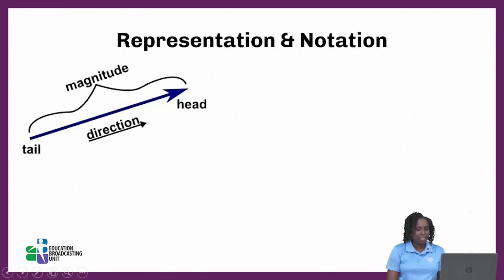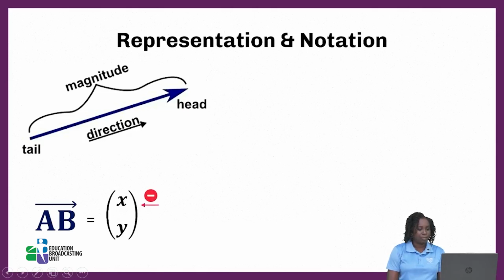Vectors are denoted as, for example, AB with an arrow at the top. Without the arrow, AB would be a line segment instead. This is represented as a column matrix XY. Starting from the tail of the vector, the X value tells you how far left or right to go, and the Y value tells you how far up or down to go.